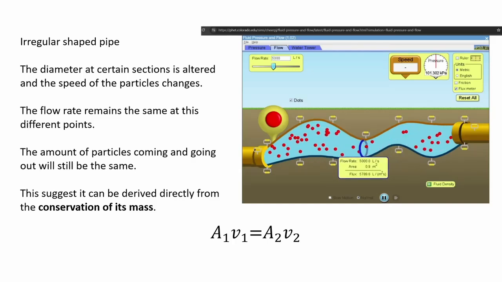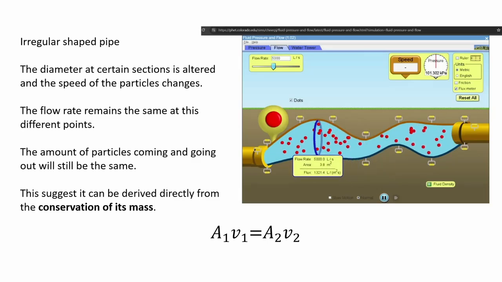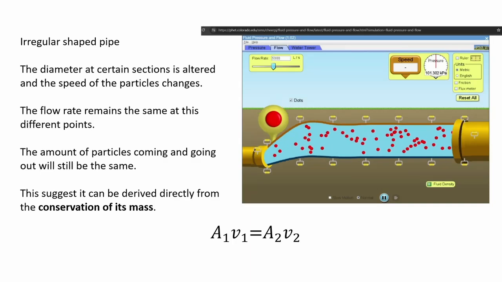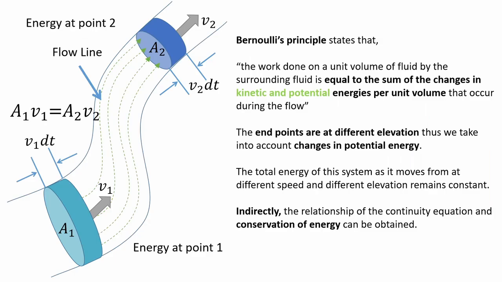Now to see the relationship of conservation of energy and fluid flow, we examine Bernoulli's principle. To determine if there is a relationship between the fluid concept of continuity and conservation of energy, we look at Bernoulli's principle. The principle states that the work done on a unit volume of fluid by the surrounding fluid is equal to the sum of the changes in kinetic and potential energies per unit volume that occur during the flow.